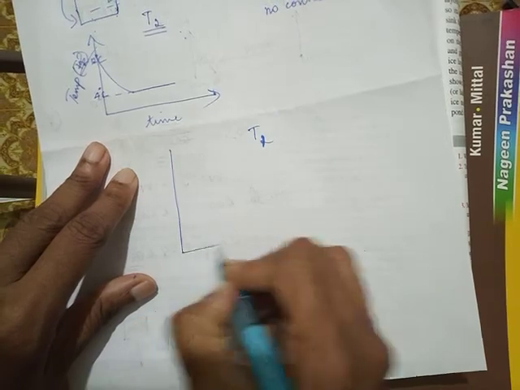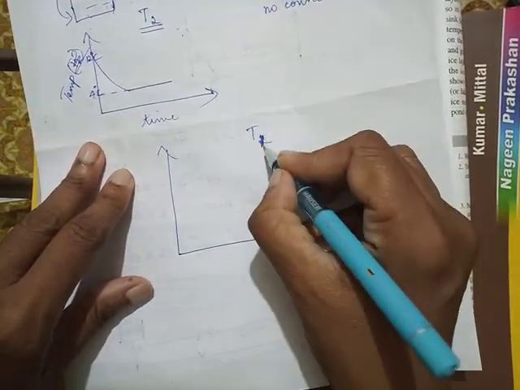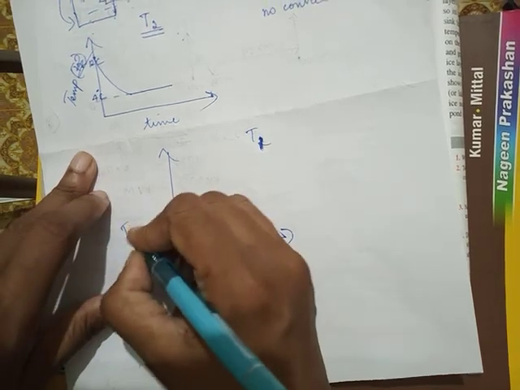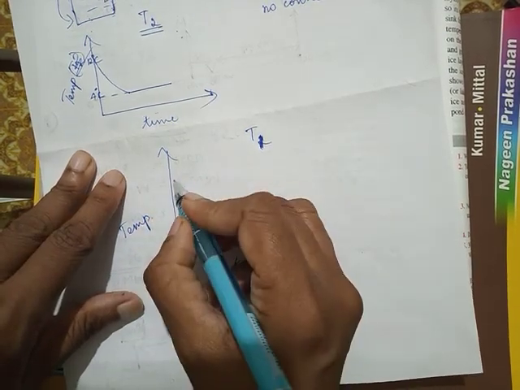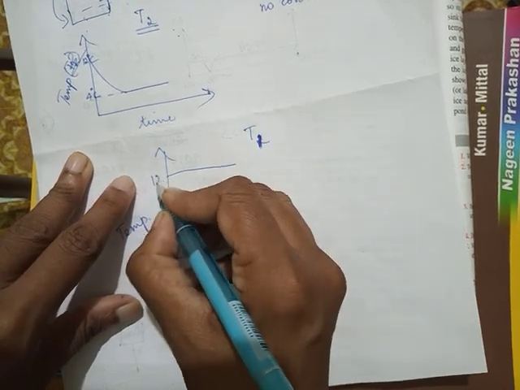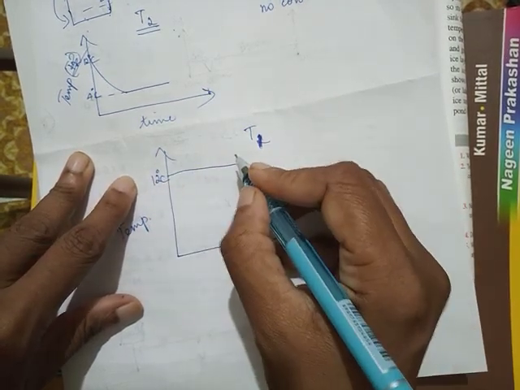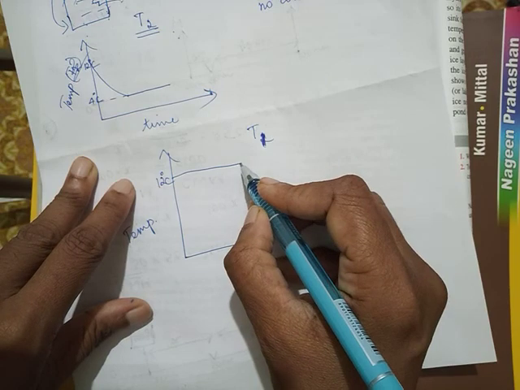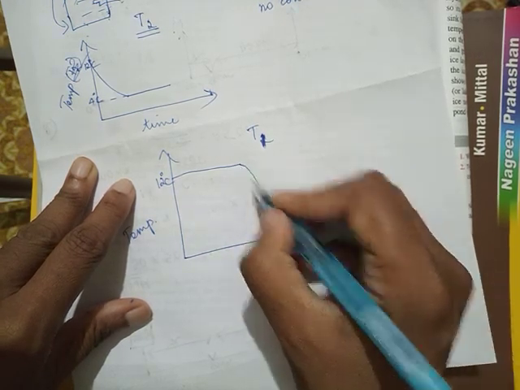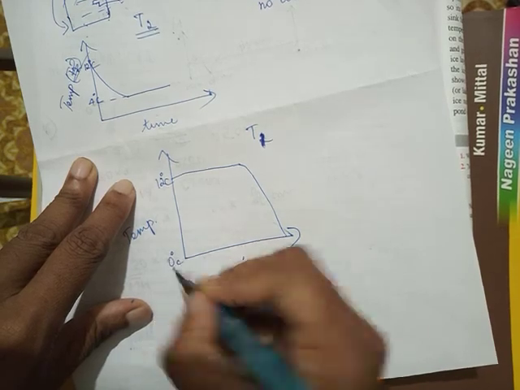Now if I have to show a graph for thermometer T1, time and temperature, this would have remained at 12 degrees Celsius for a long time. Okay, then it started falling till 0 degrees Celsius.